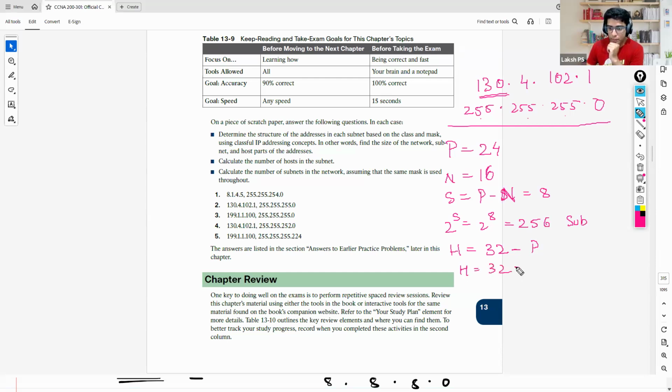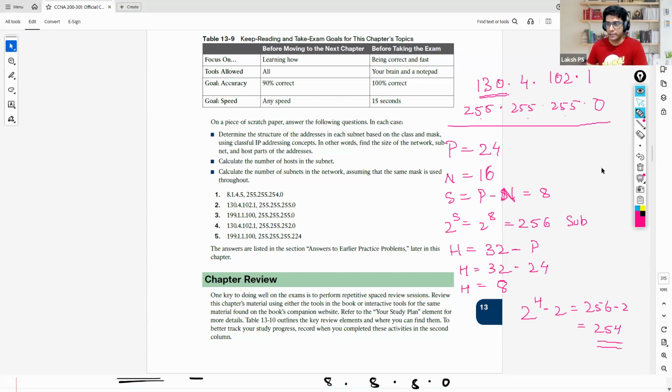So 32 minus 24, giving us 8. That means 2 power H minus 2, 256 minus 2. So we will have 254 usable IP addresses in each of these subnets.